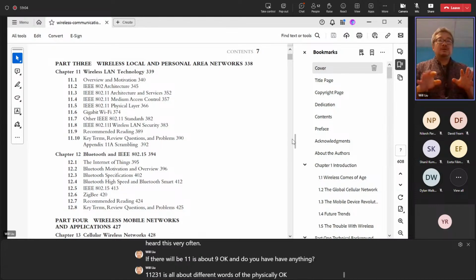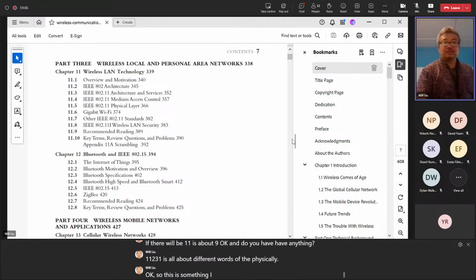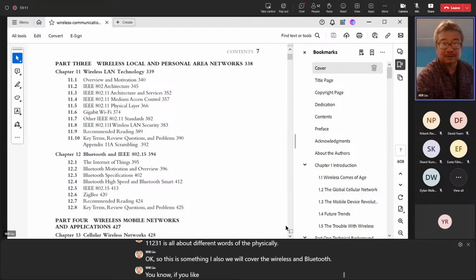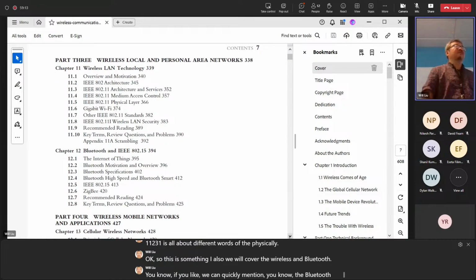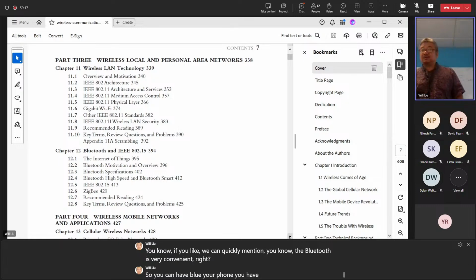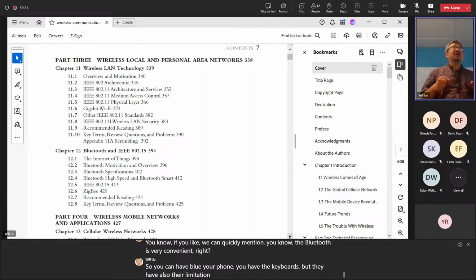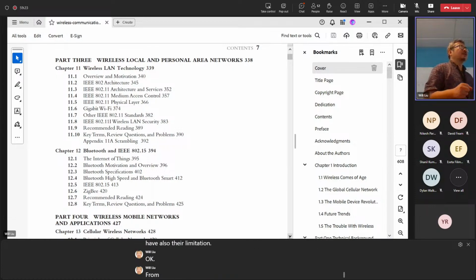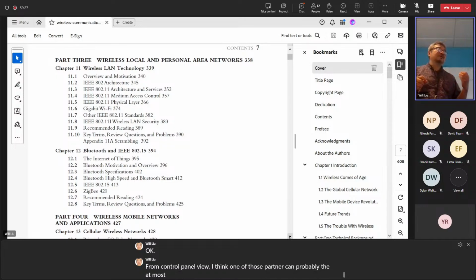So this is something we will also cover, the wireless and Bluetooth. If you like, we can quickly mention it. Bluetooth is very convenient, right? You can have a Bluetooth earphone, you can have keyboards, but they also have their limitations. From a control point of view, I think one Bluetooth piconet can probably control at most 7 devices.